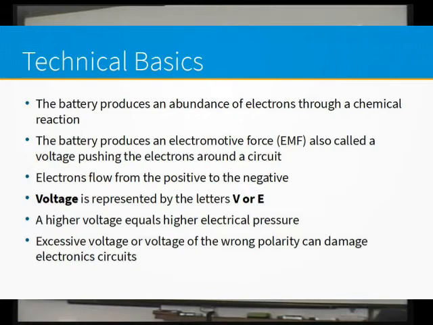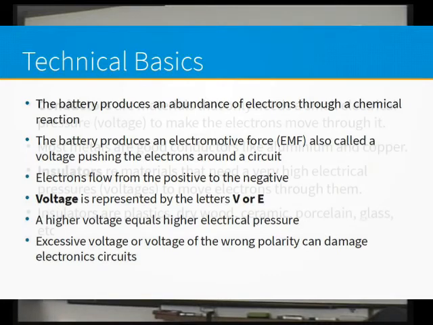So if you've got a much higher voltage, it's actually going to push those electrons around the circuit much faster. And excessive voltage, so very high voltage, or voltage of the wrong polarity, so if it's the wrong direction, can actually damage electronic circuits. Any questions?